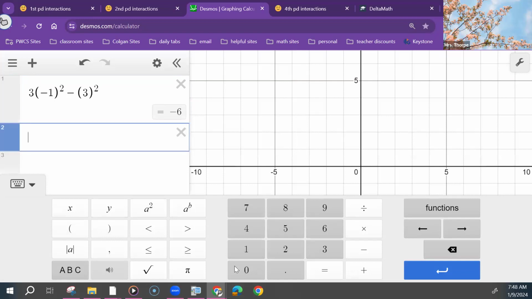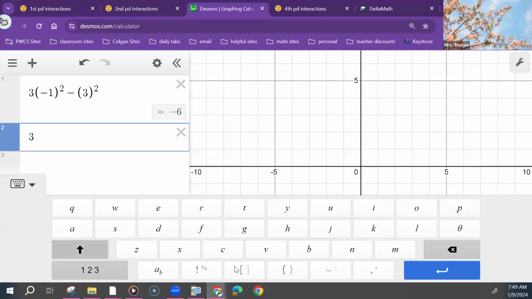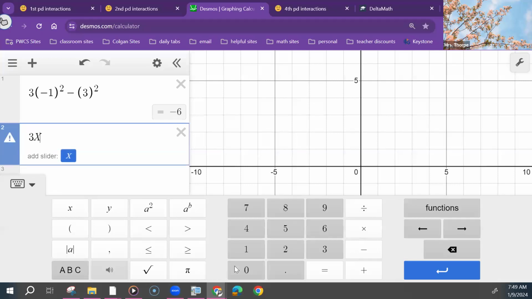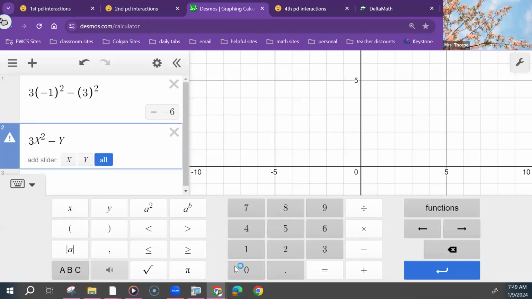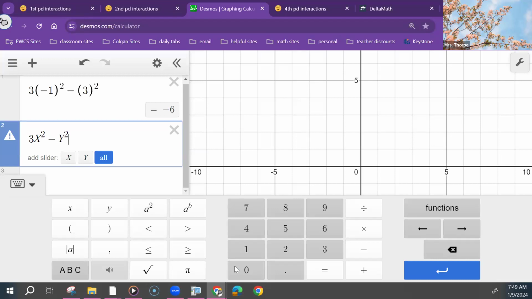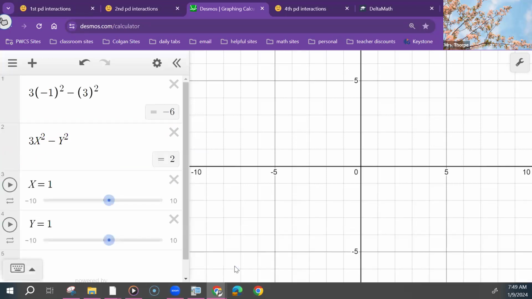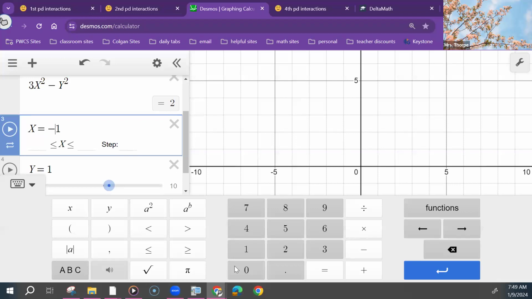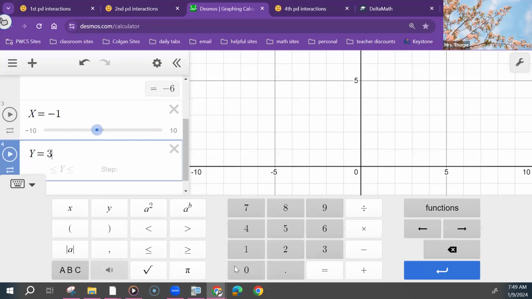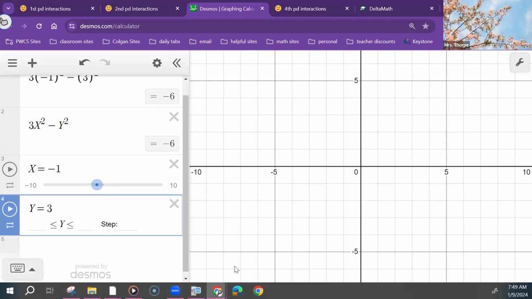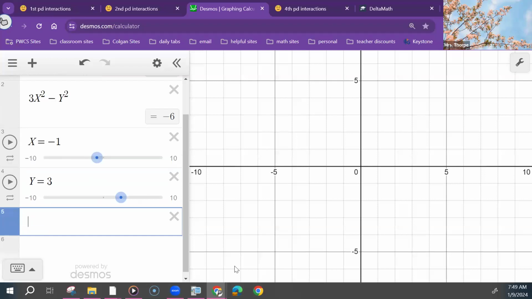You could type it in exactly as it is. I think you have to use capital letters. If I were to add sliders, then I could change these values to be -1 and 3. And then it would again solve it with those answers. So either way, you would say use Desmos, and that would be your work.